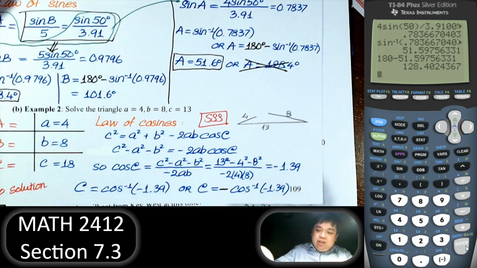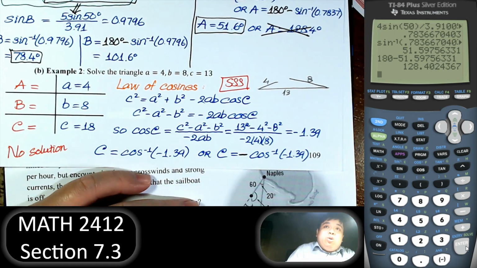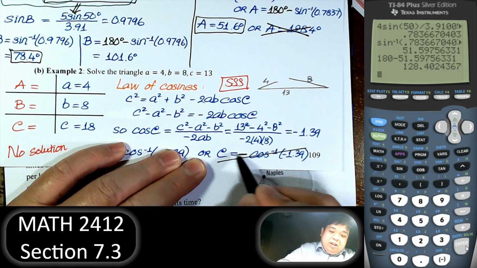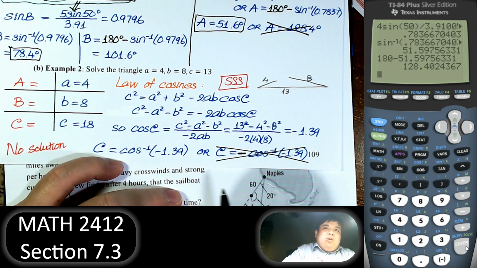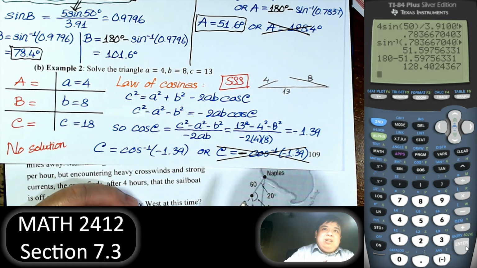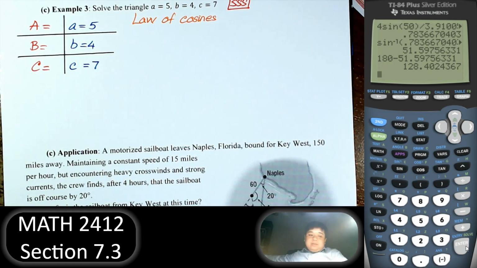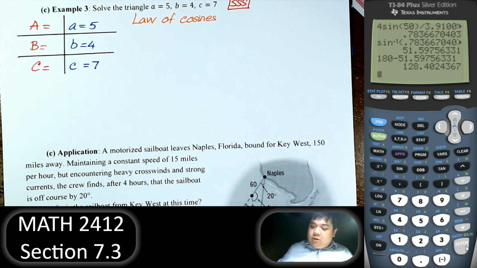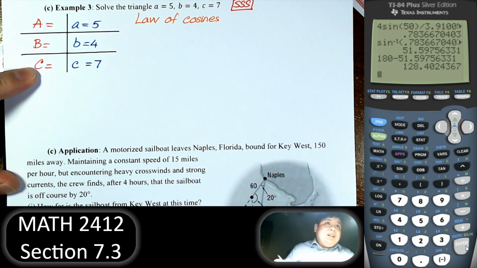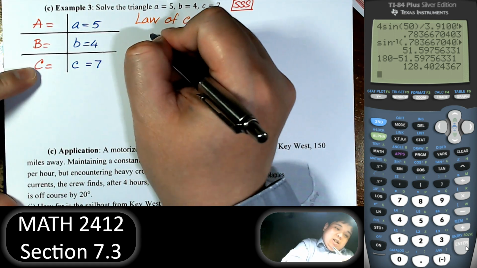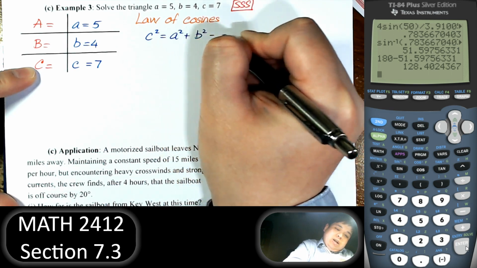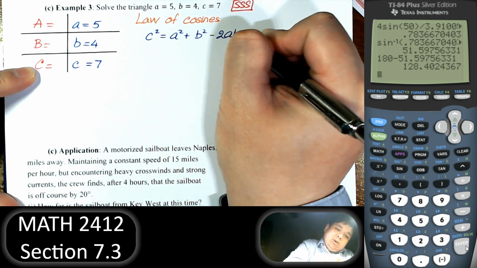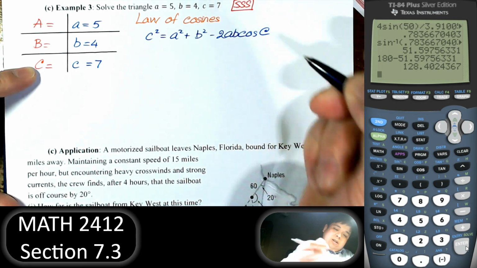And also, when we use the law of cosine to find the angle, we will never consider the case of the negative. The angle cannot be negative in a triangle, right? Right, law of cosine. So we have to use the one with the biggest angle, which is angle C. So we start from c squared equals a squared plus b squared minus 2ab cosine c.